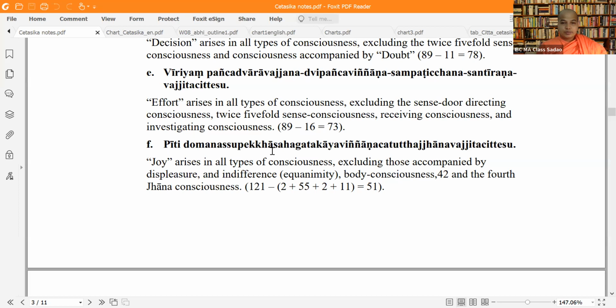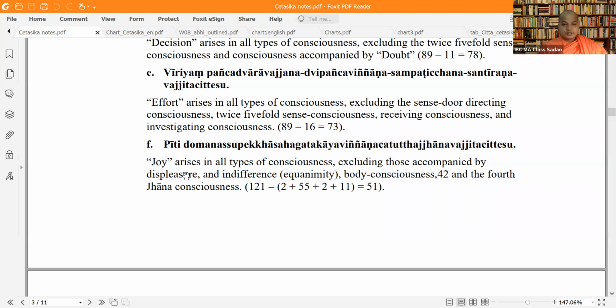Piti domanasu bekka sahagata kaya vinyana chatutta jhana vajjita chittesu. Yeah, so joy arises in all types of consciousness, excluding those accompanied by displeasure and indifference, body consciousness and the fourth jhana consciousness. Displeasure refers to domanassa. Domanassa and piti do not go together, right?